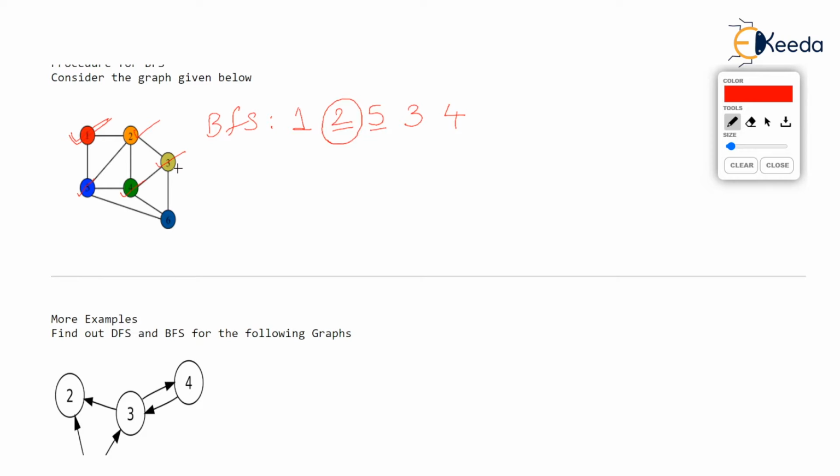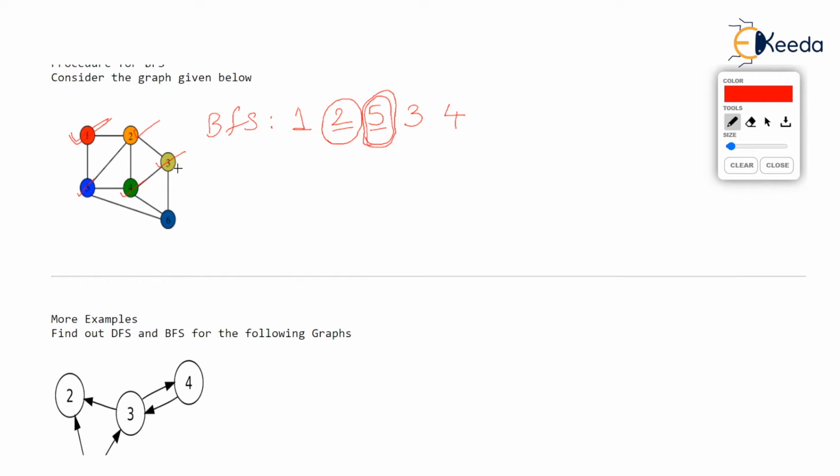Now you see this list again, which I have written in red. In the BFS, after printing 2, which vertex was printed next? It was 5. So now you repeat the process on 5. You check who the neighbors of 5 are and print all the neighbors, of course only those which are not yet visited.